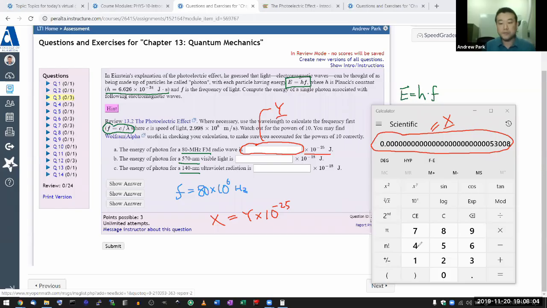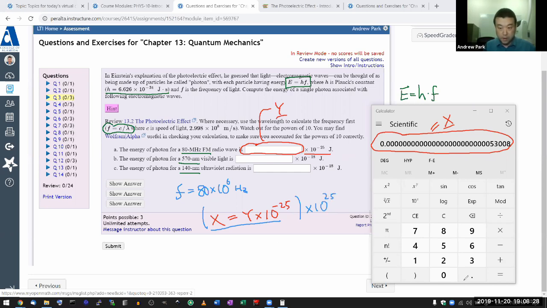So what I need to do is a quick calculation, solving this expression for Y. The thing to do here is multiply both sides, left-hand side and right-hand side, by 10 to the 25.